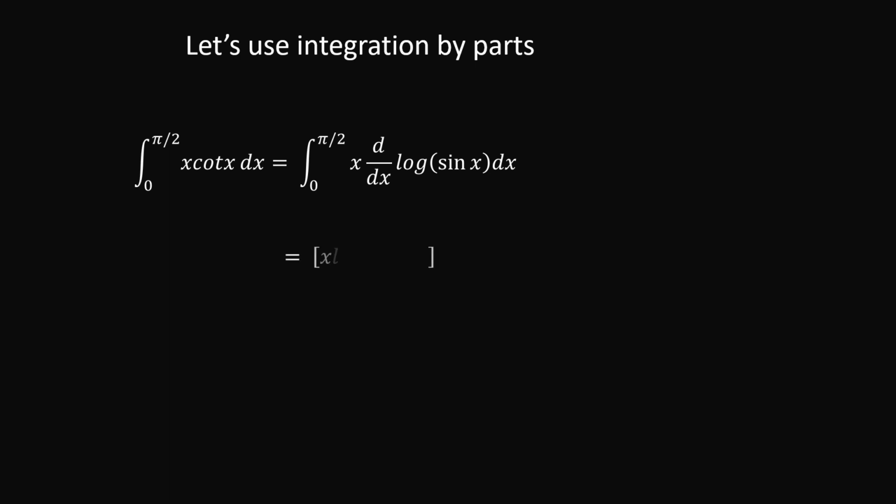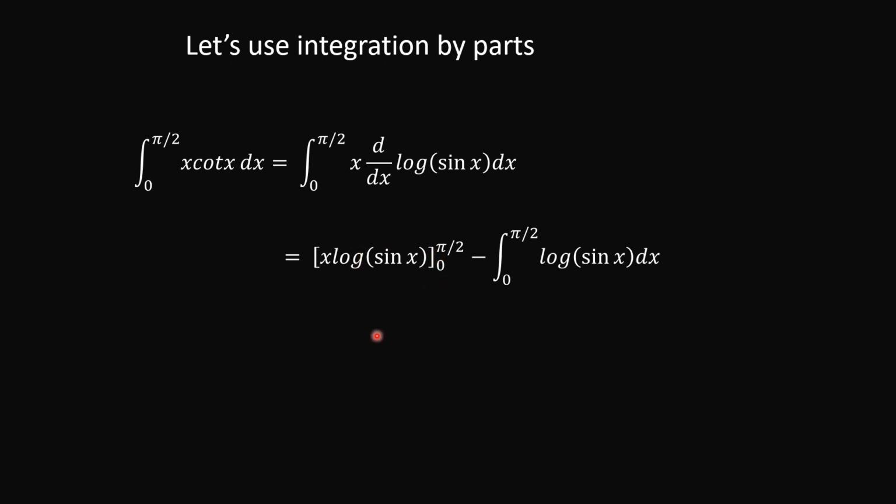When we use integration by parts, we have the product of x and the integral of that derivative first, and then we subtract the integration of the derivative of x and the natural logarithm of sine x, as shown here.